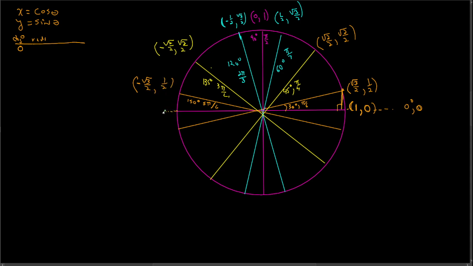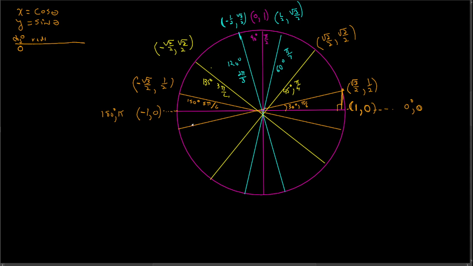And now we get over here and we're at 180 degrees, or pi radians, and cosine is negative 1 and sine is 0. And so here we have cosine decreasing from 0 to negative 1, and we have sine decreasing from 1 to 0.